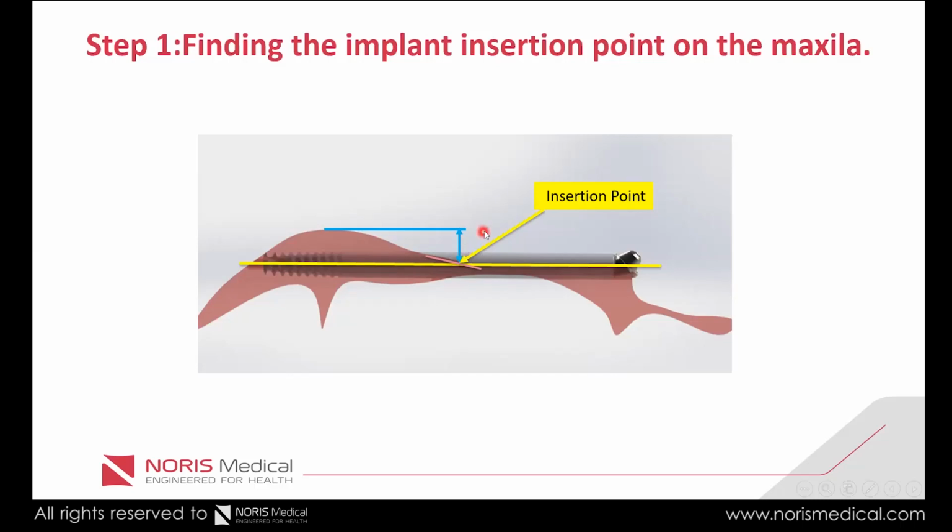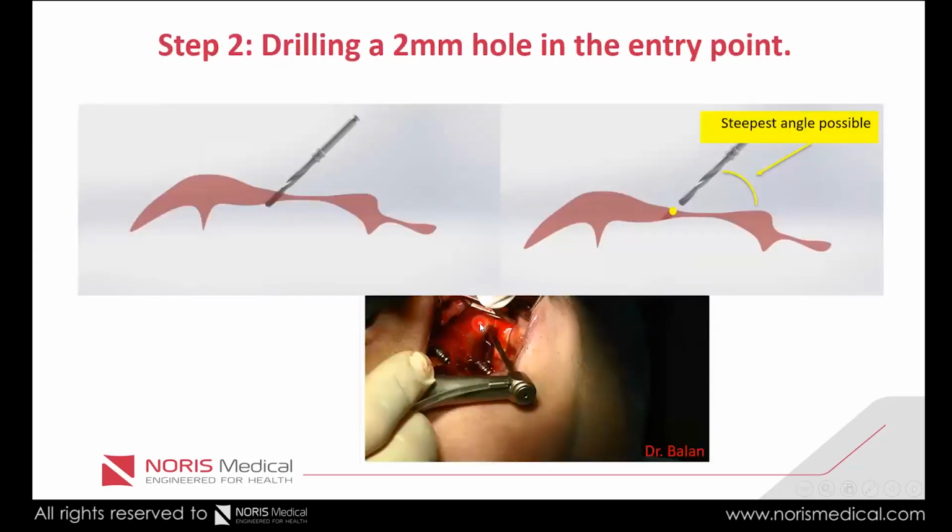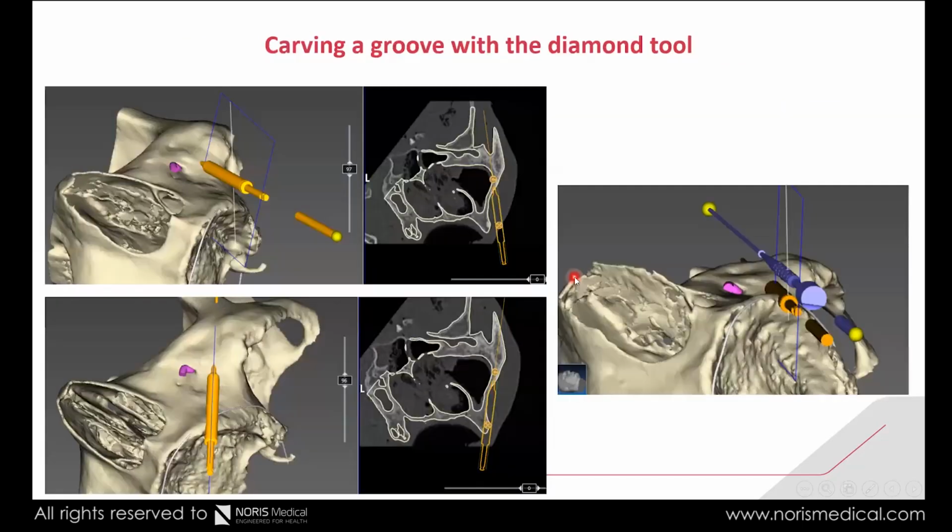So if we can take this implant and put a parallel line to this implant, it has to be a parallel line. We measure this point, we will know where this entering point would be. We'll see it very soon. Once we find this point, we mark it with a drill, and then we start working. But let's see how we do that.